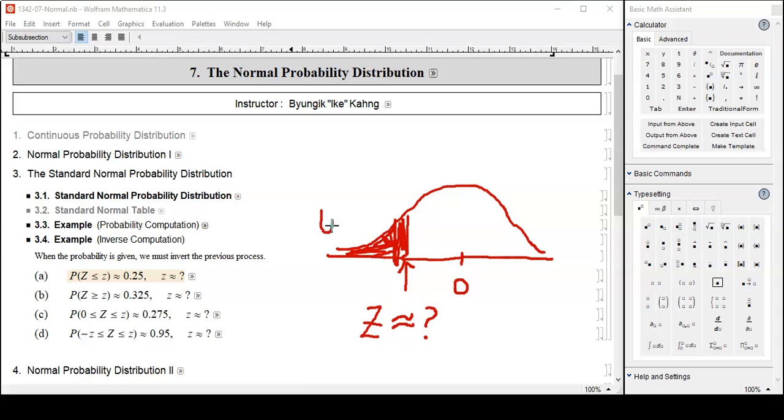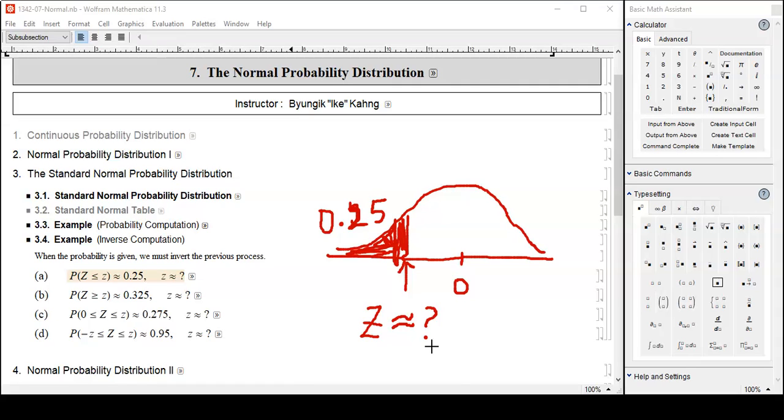And then this probability, or this area, is about 0.25. I mean, it's very difficult to draw numbers. I can write easily, but drawing, anyway, if shading is 0.25 and I'm looking for the z value, that's what you're doing.